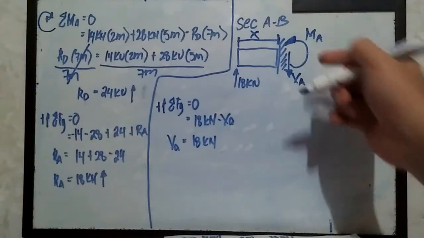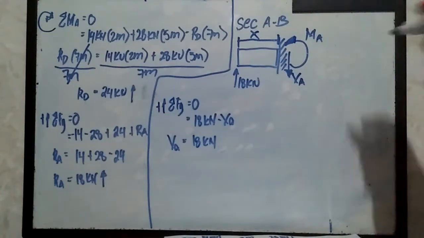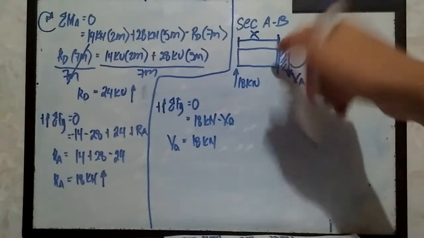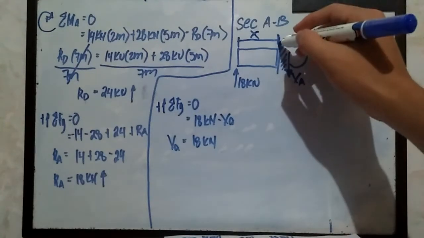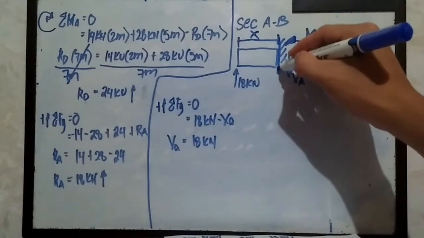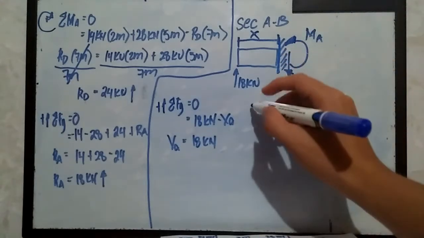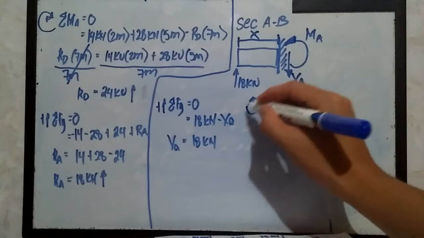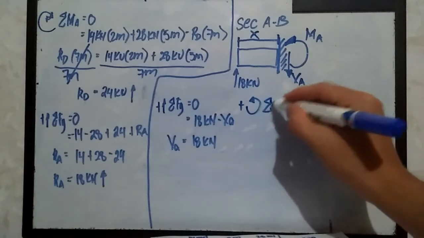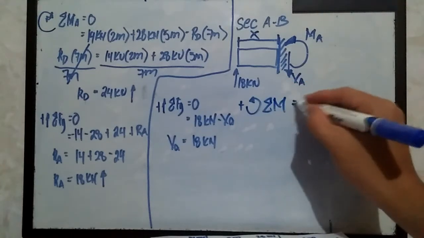And using the summation of moments at this section where we cut section AB, we're going to use the summation of moments at this point. Summation of moments going counterclockwise is positive. Summation of moments equals 0.